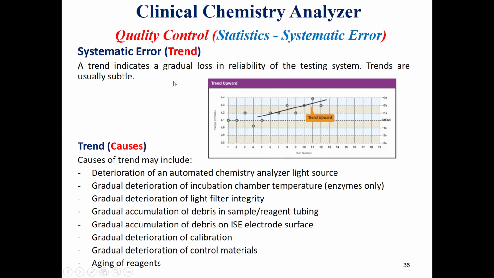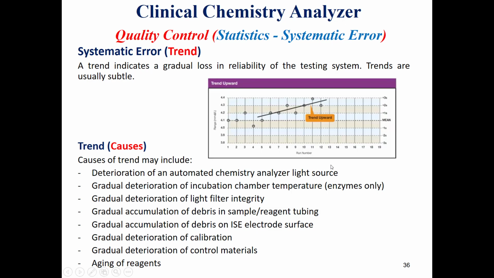In the case of the trend systematic error, there is a gradual loss in the reliability of the testing system. So trends are usually subtle, as we can see here. There are many causes behind this gradual change in the standard deviation value of the QC value.